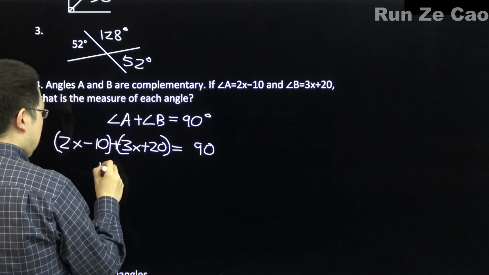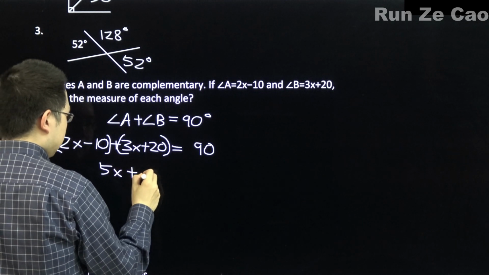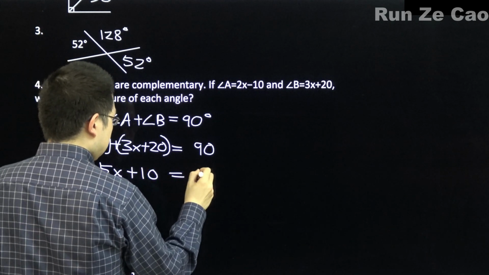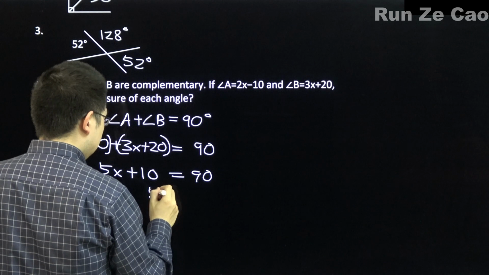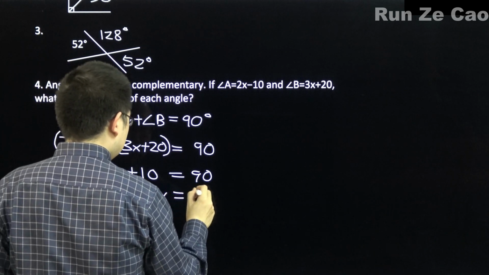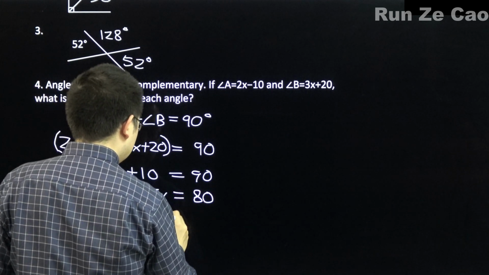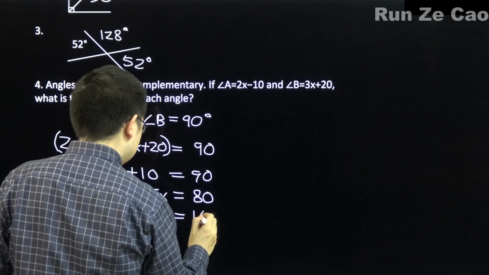And you end up with 5x plus 10 equals 90. 5x equals 80. X is equal to 16.